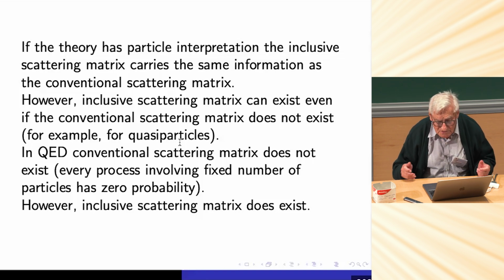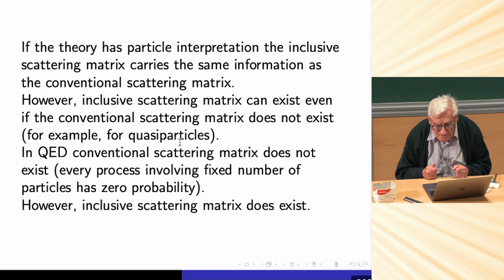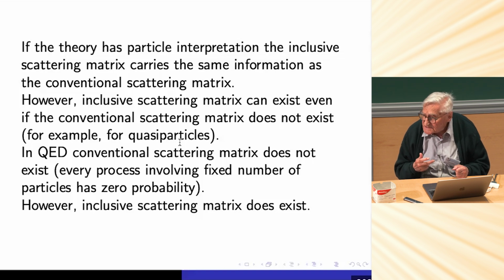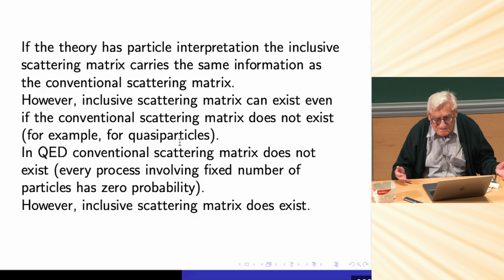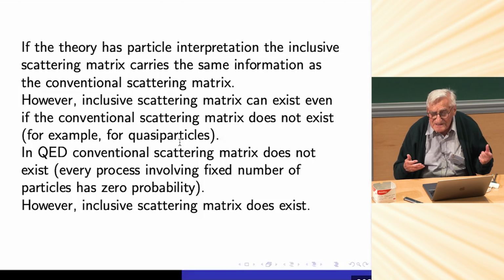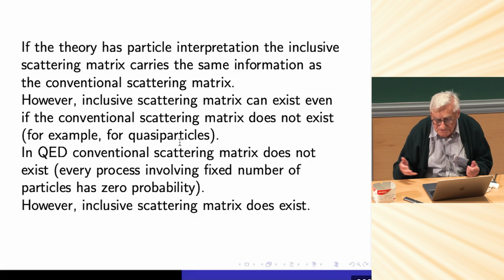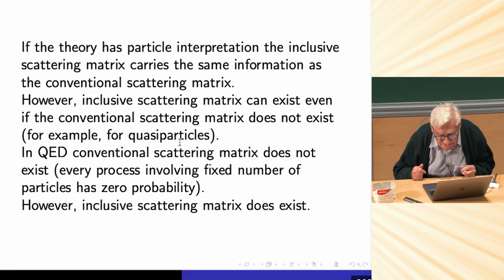Basically, every process involving a fixed number of particles has zero probability in quantum electrodynamics, because in every real process you have emission of soft photons, photons having very small energy.